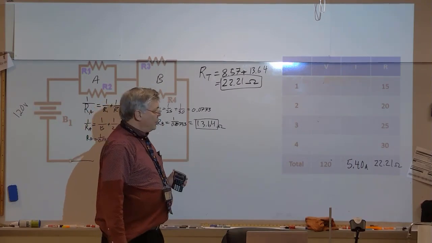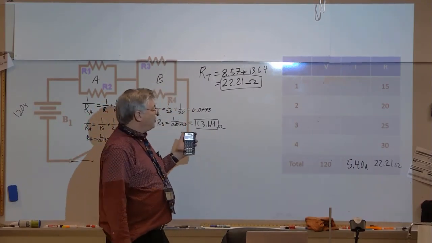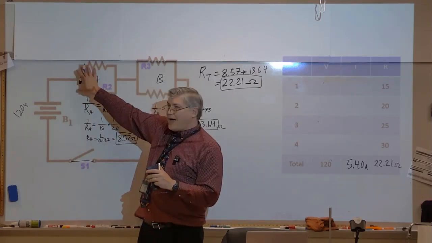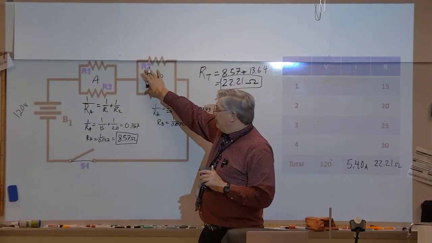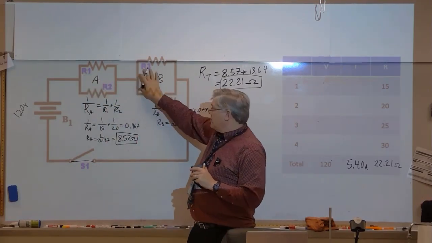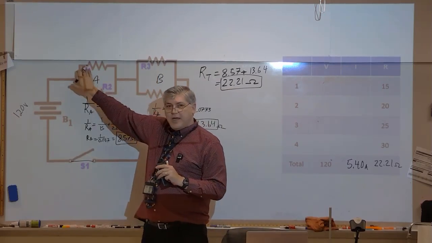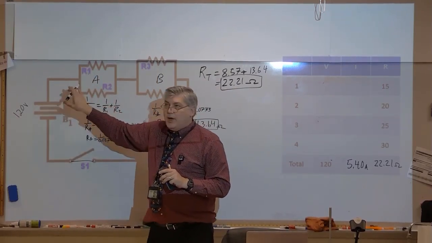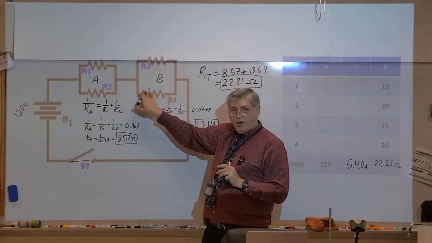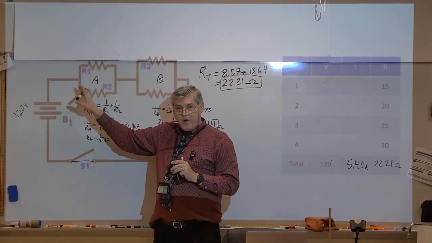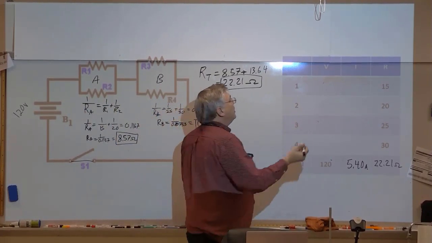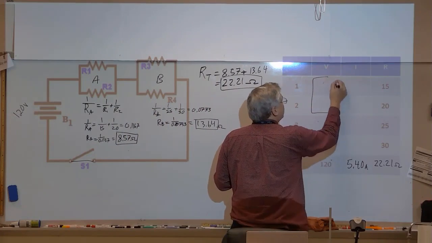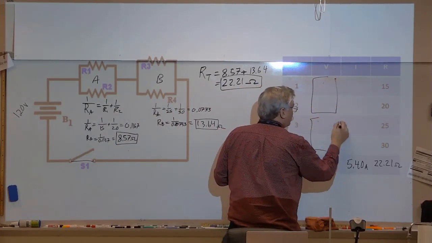The next thing I want to do is solve for the individual voltages, the voltage at R1 and R2, and the voltage at R3 and R4. So the voltage at A and the voltage at B. I know that it'll be the same for R1 and R2, and it'll be the same for R3 and R4, but it'll probably be different between A and B. So how do I do that? I'll recognize first that these and these are going to be the same.